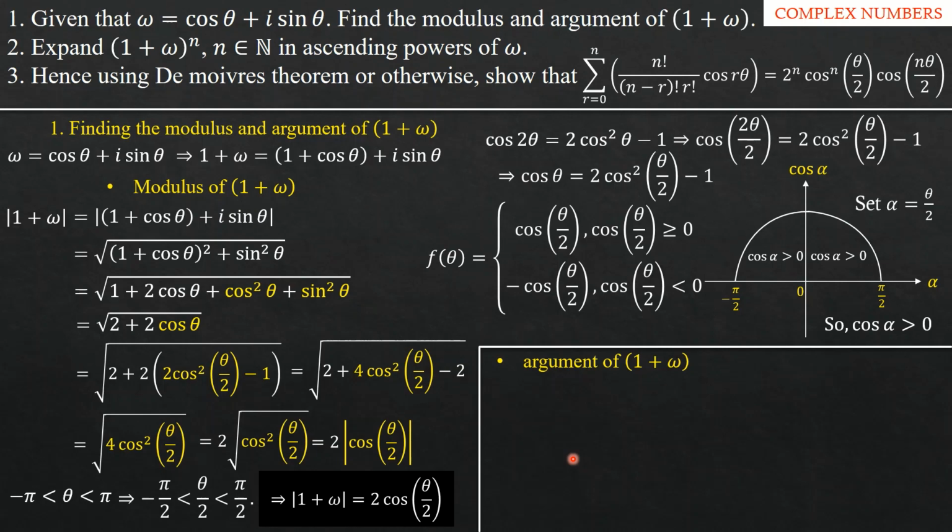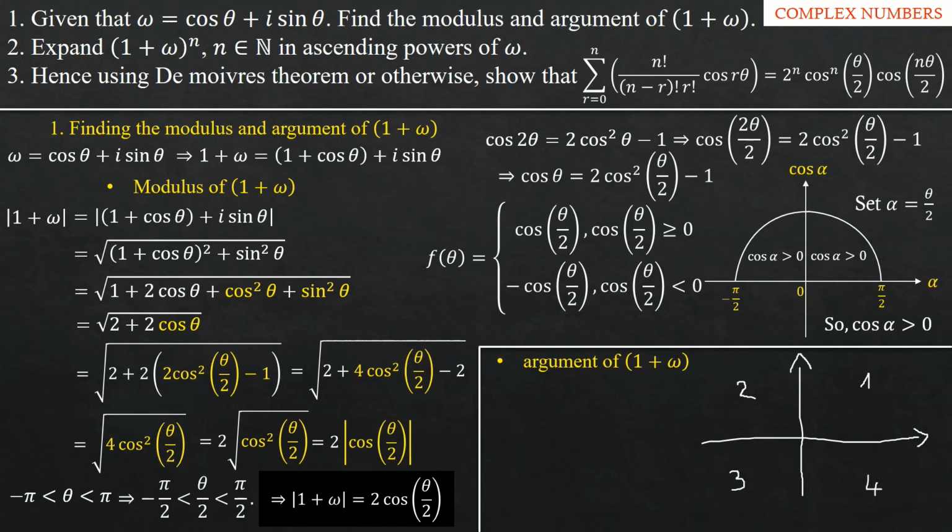So if you're in the first quadrant, it means that the real part and the imaginary part are both positive. In the second quadrant, we have, let me just try to indicate the quadrants here so you see clearly what I'm talking about. Though my diagram is not going to be very straight, but anyways, let's just say this is our Argand diagram. Horizontal is for real, vertical is for imaginary. Now this is the first quadrant here, this is the second quadrant, this is the third quadrant, and this is the fourth quadrant.